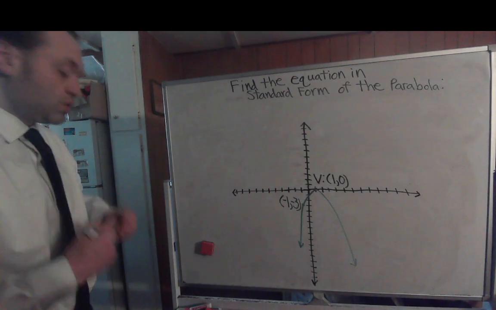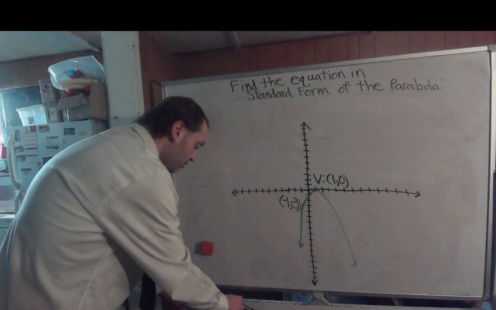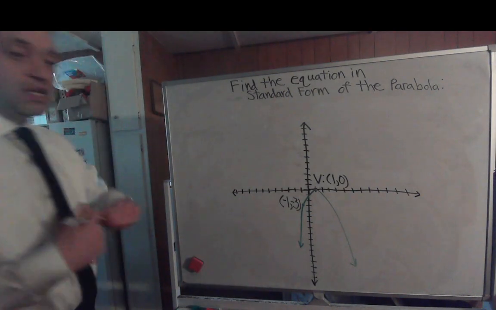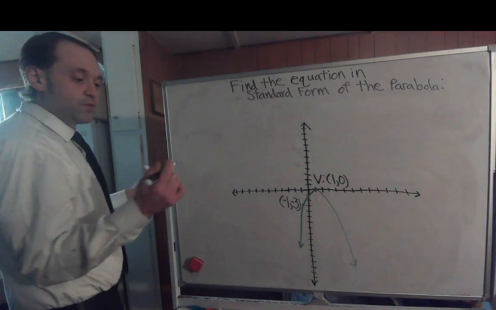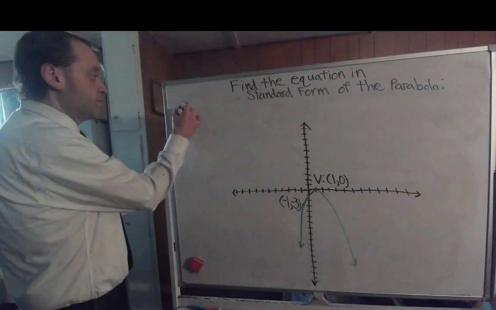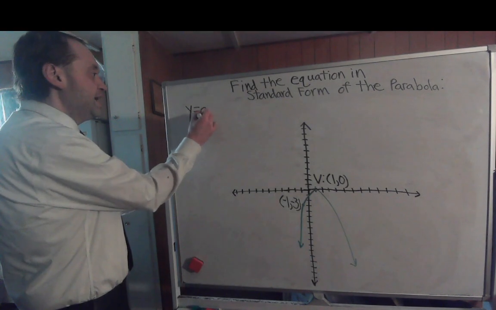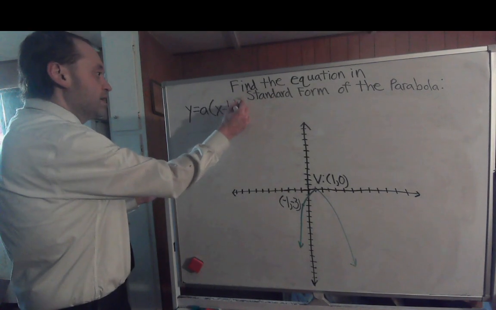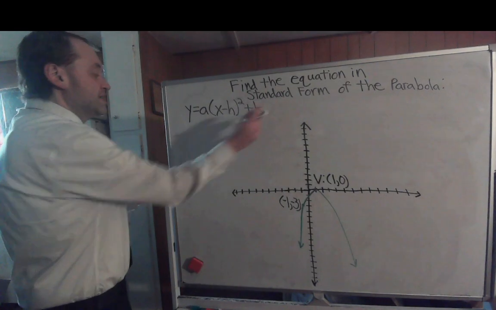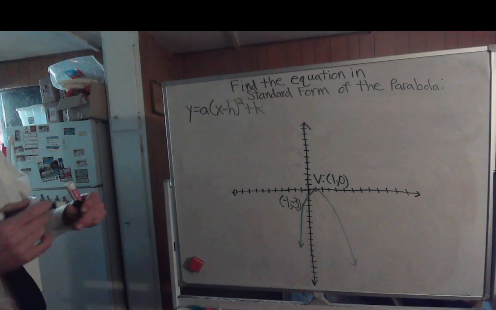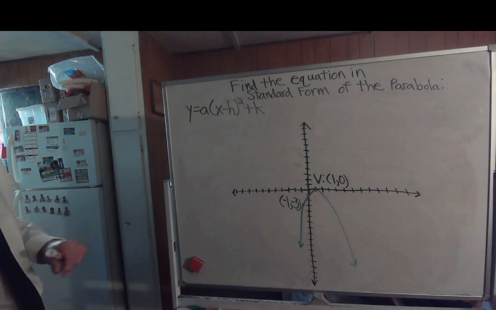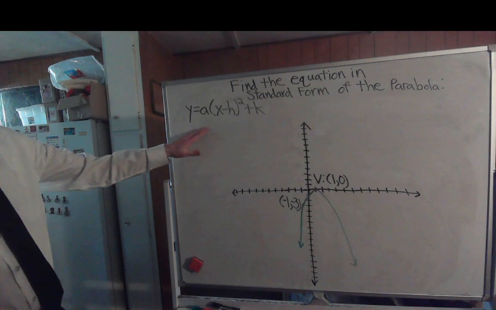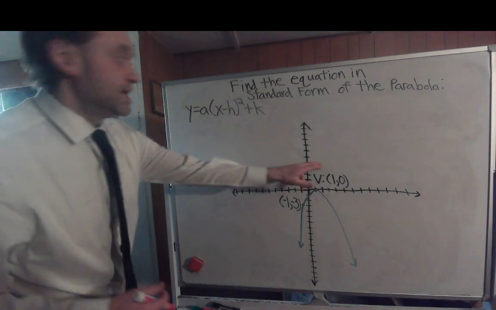All right, so again, what you in general need to do, go ahead, write out the general form for the vertex form of a quadratic equation. So that'd be y equals a times your quantity of x minus h squared plus k. That's the vertex form for a parabola in a quadratic equation. Now, let's do this particular case where the vertex is at 1, 0.